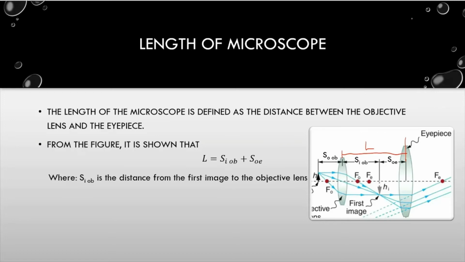And S_OE is the distance from the first image to the eyepiece. Remember, the first image becomes the object for the eyepiece. That's why we give the symbol S_OE. SO stands for the distance from the object to the lens, and E stands for the eyepiece.